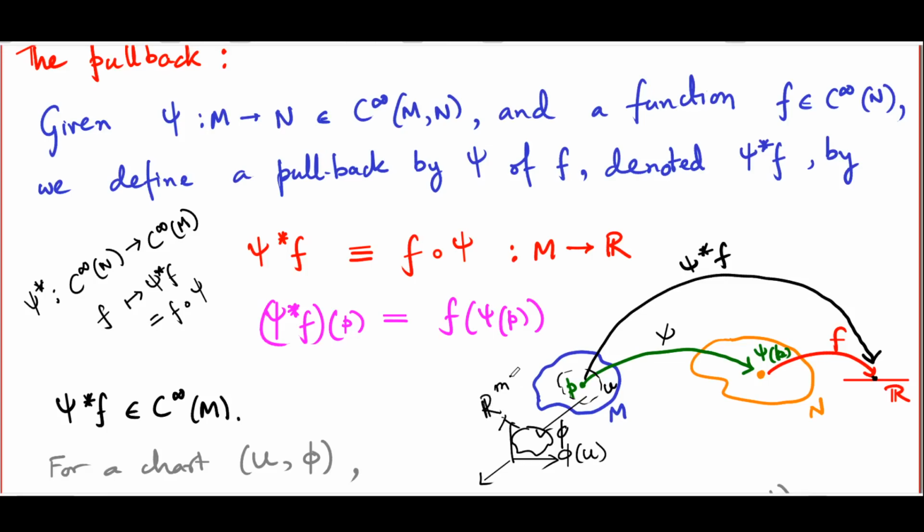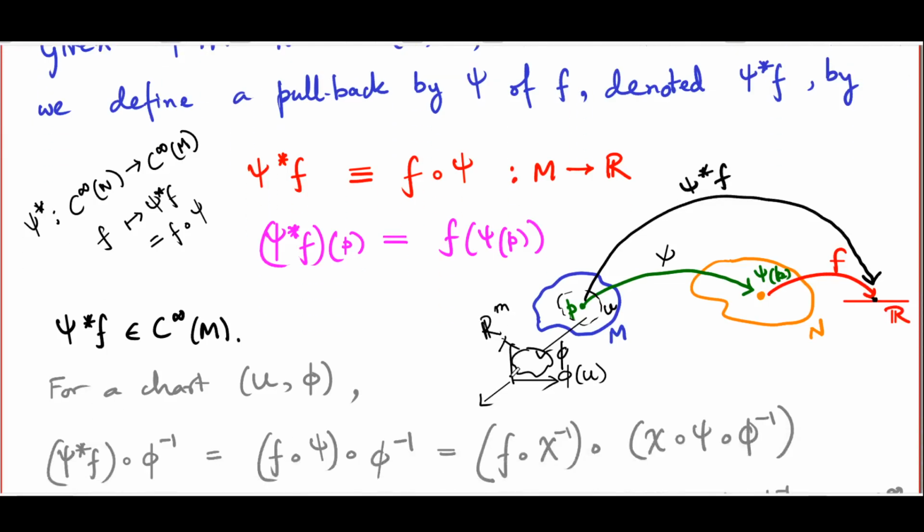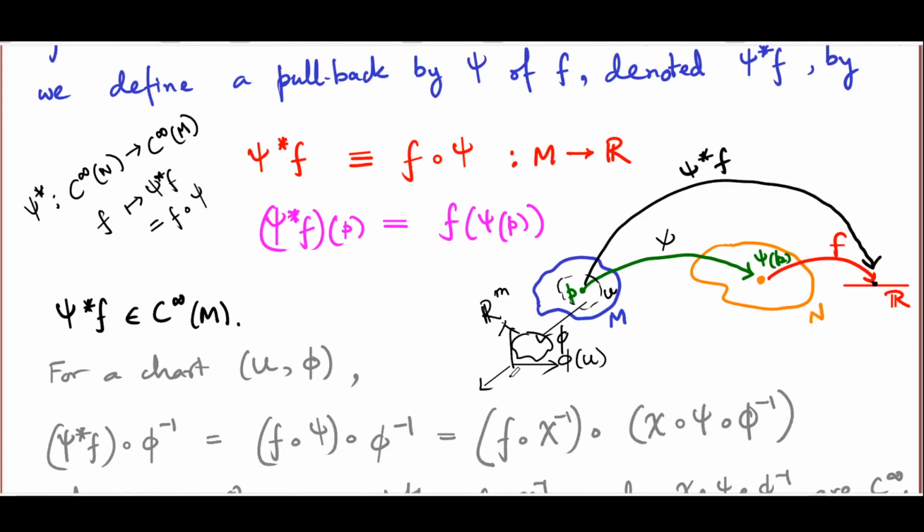Now, using this particular chart u comma phi, the proxy function is defined as the composition of the function psi star f and phi inverse. Psi star f composite phi inverse. And by definition of psi star f, this is f composite psi composite phi inverse.